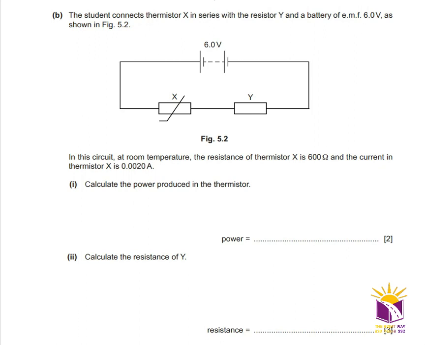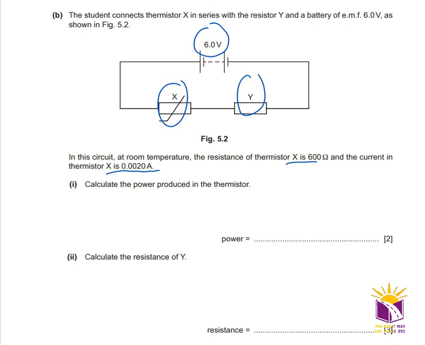The student connects thermistor X in series with the resistor Y and the battery of EMF 6 volts as shown in figure 5.2. We have a 6 volt battery, a thermistor and a resistor Y. In this circuit at room temperature the resistance of thermistor X is 600 ohms and the current is 0.0020 ampere.